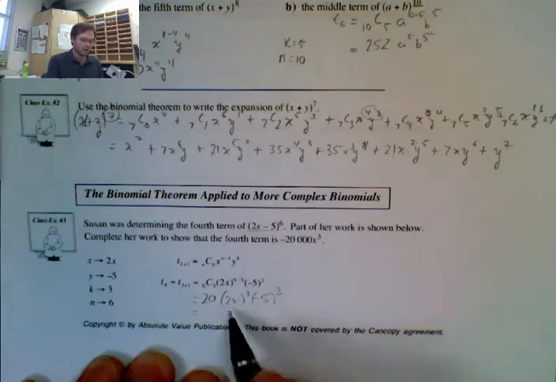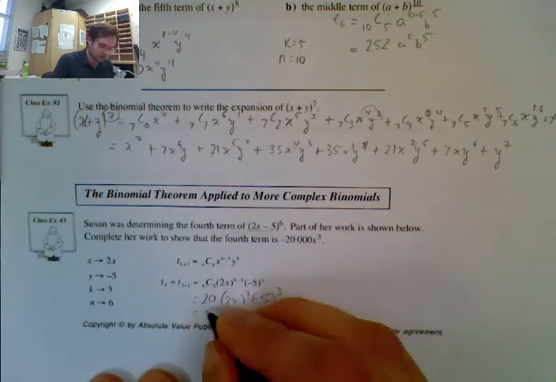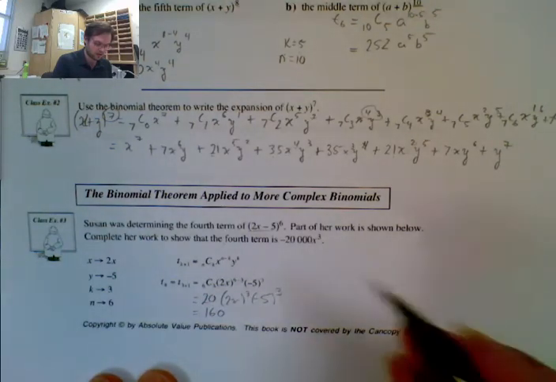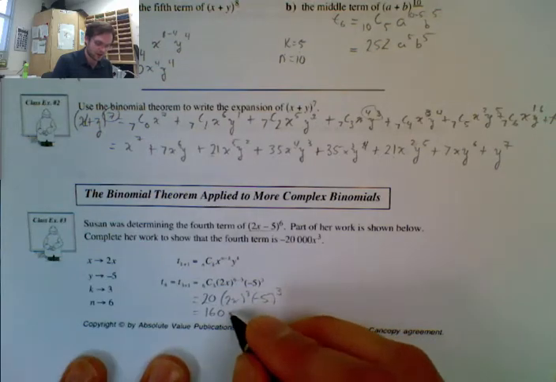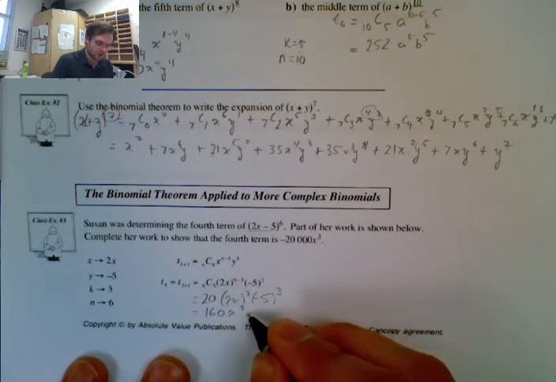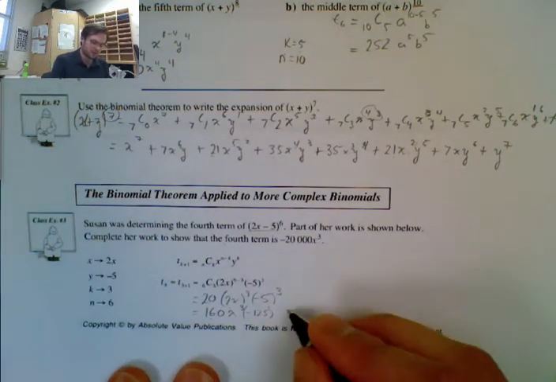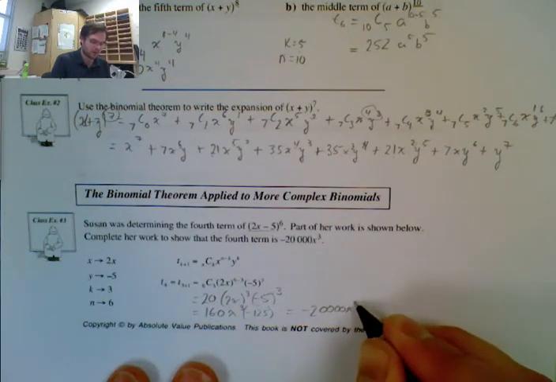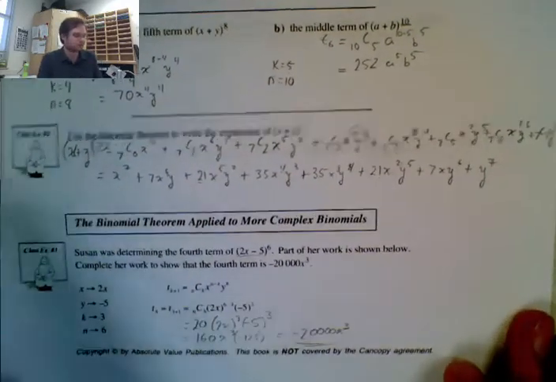So that's going to be 20 times 8, which is 160 x cubed minus 125, and when we multiply 125 by 160, we end up getting negative 20,000 x to the power of 3. Okay? So we get the same answer.